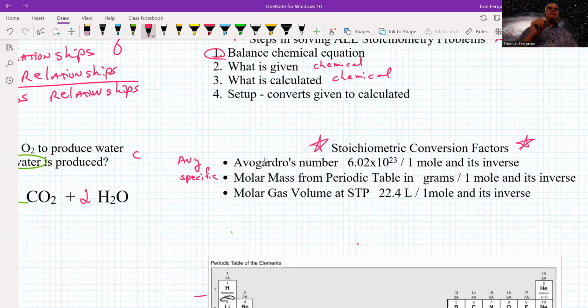Molar mass is very, very, very specific. That's why you have to have the formula before you can find the molar mass of a chemical. And then as far as gases go, at standard temperature and pressure, we've got 22.4 liters per mole, and that's any gas. So we have two any's and one that's extremely specific to the chemical you're working with.